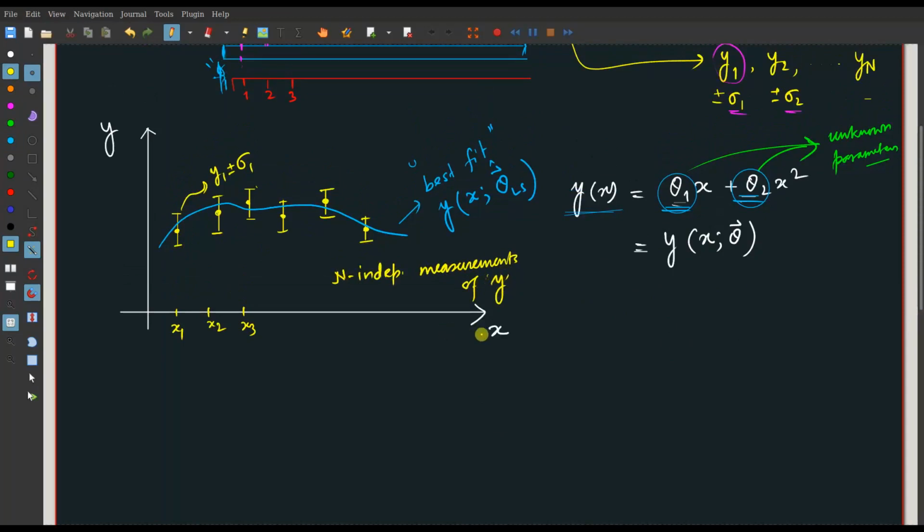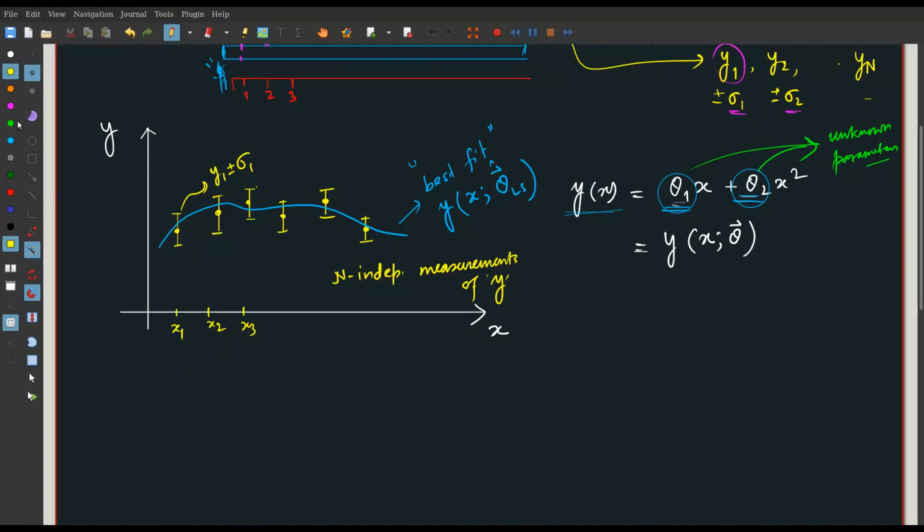And since they are n independent measurements of y, suppose the true values of the mean that we do not know would be, let's say, lambda 1, lambda 2, lambda 3, and lambda n, and so on.